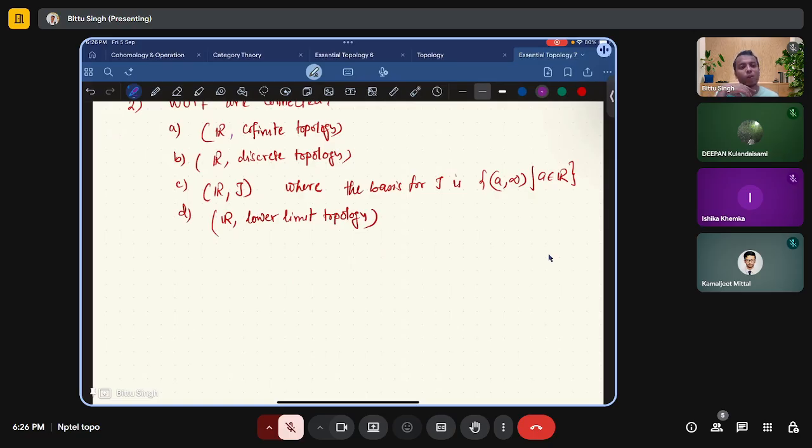Note the open sets in the cofinite topology, for option A. Open set means the complement of some finite set, right?